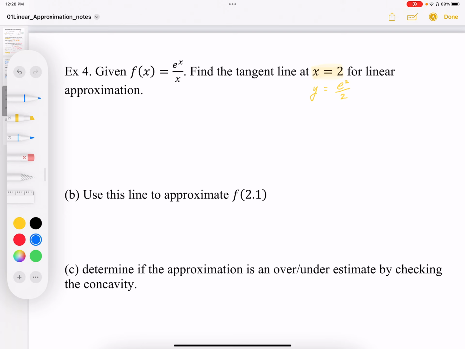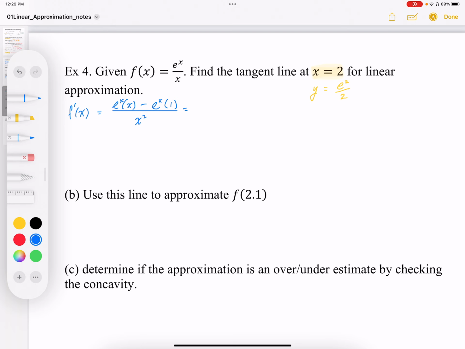I'm going to differentiate this so that I can calculate the slope. So f prime, this is a quotient, so we're going to need to use quotient rule. So we get e to the x times x minus e to the x times the derivative of the denominator, which is 1, and then the denominator squared.